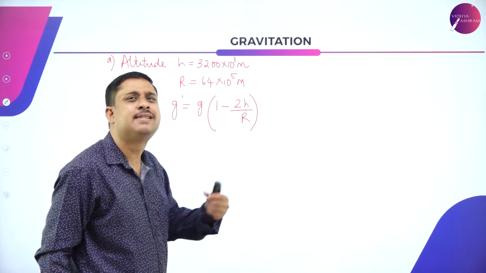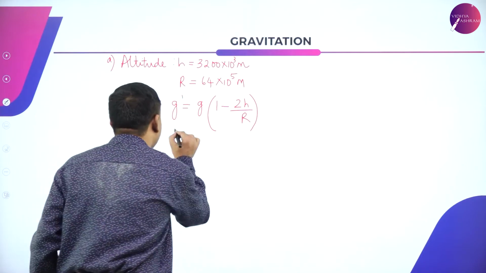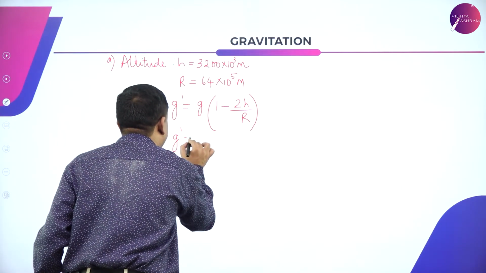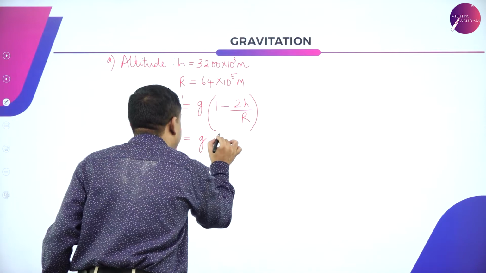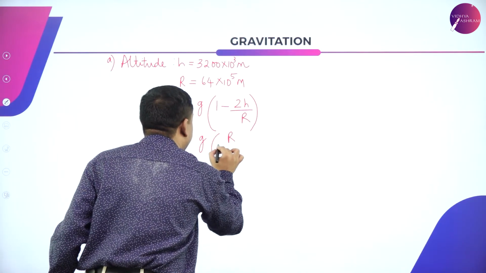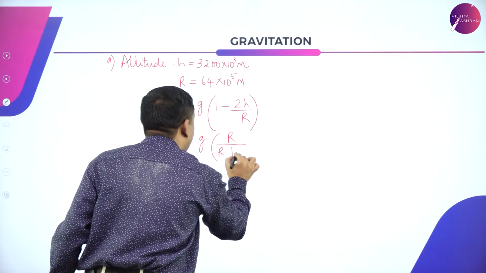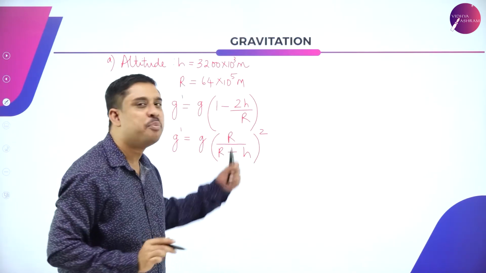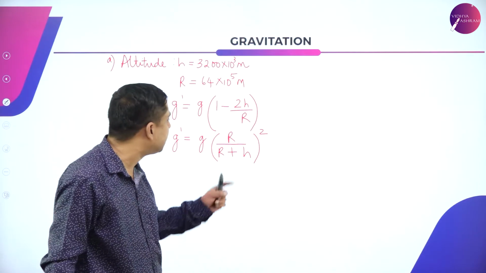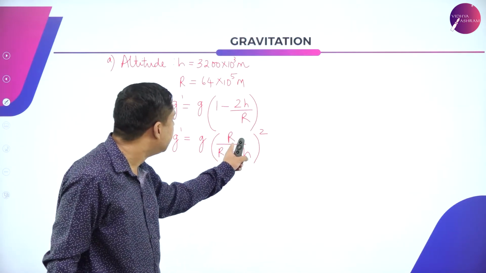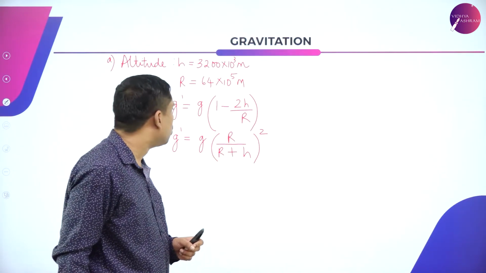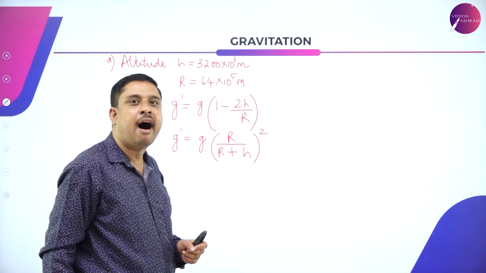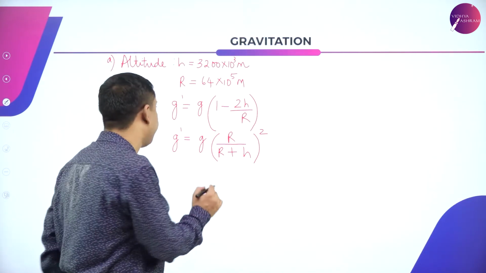But I give you a more simple expression. You can modify this and also write G dash equals G r divided by r plus h whole square, using binomial simplification. G dash is G into r divided by r plus h whole square.